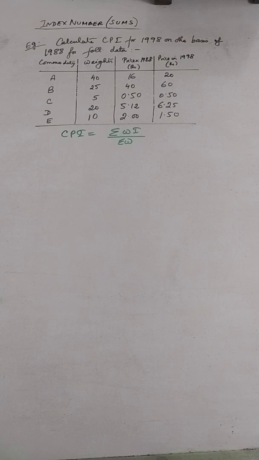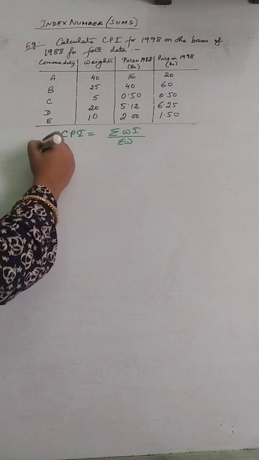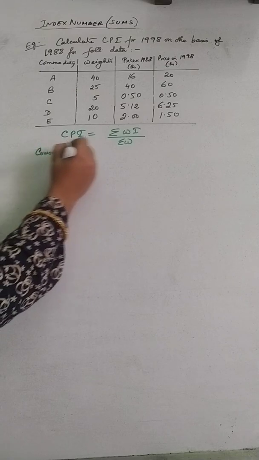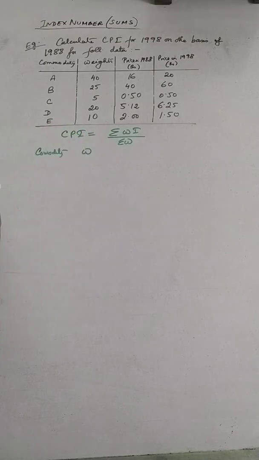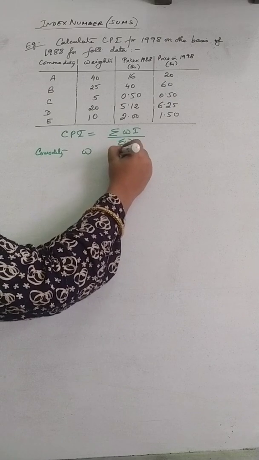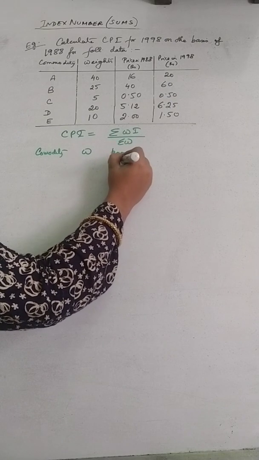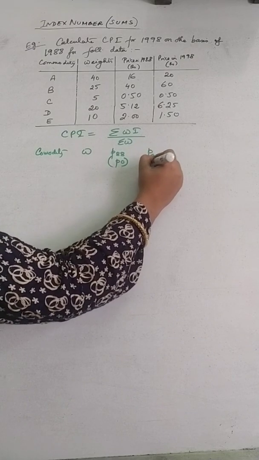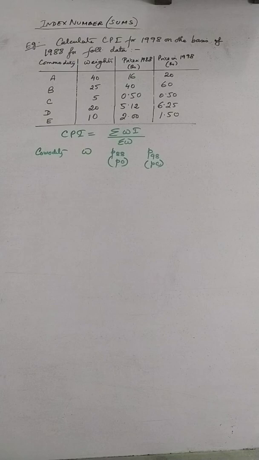The table will have the commodity column as it is, then weights remain as it is, simply W. Price in 1988, this is your base, P0. Price in 1998, this is your P1. I've used symbols now. And what else is needed? PRs are needed.